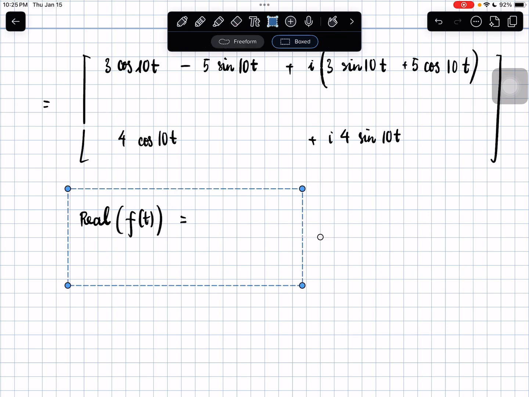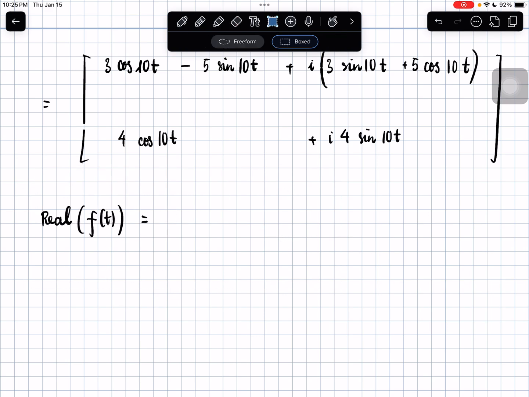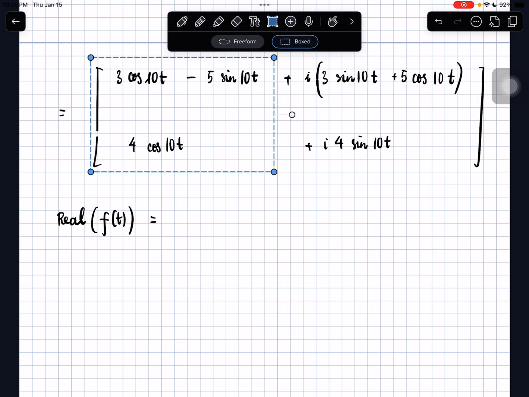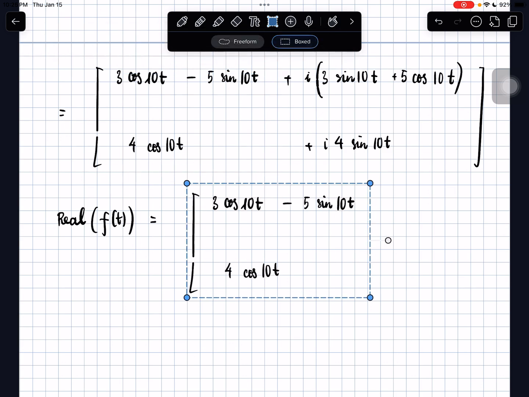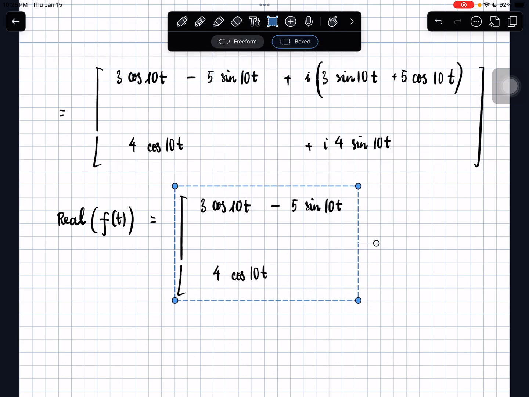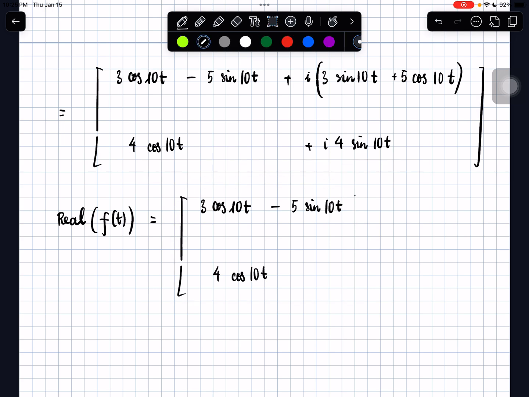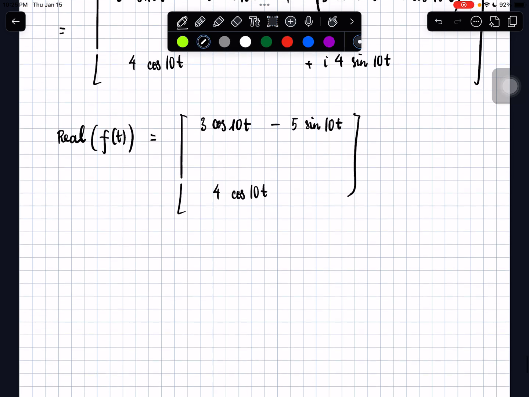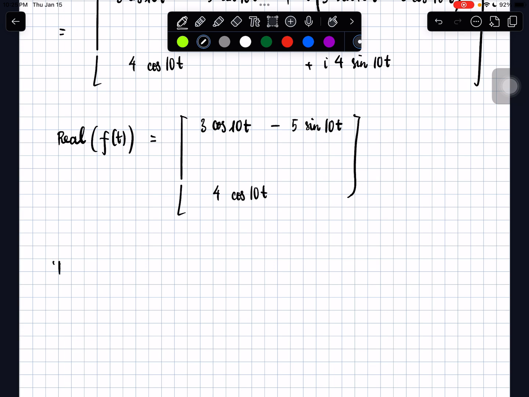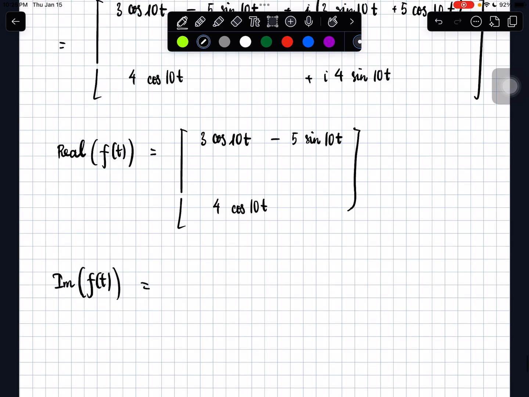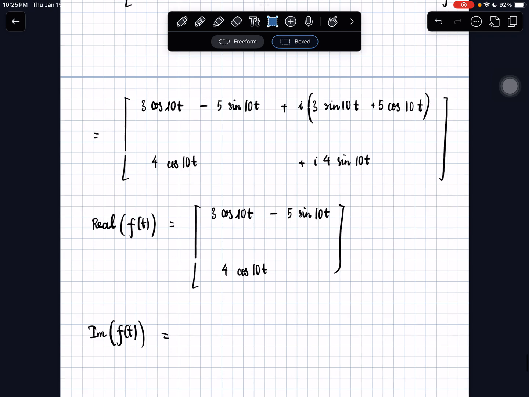Just keep Re F(t) equal to this real part. The imaginary part of F(t) is this.